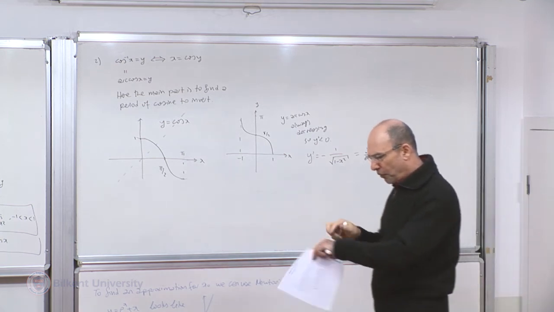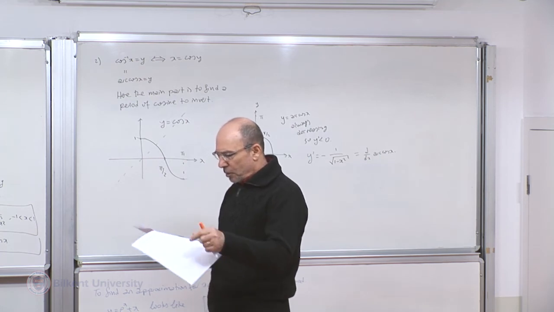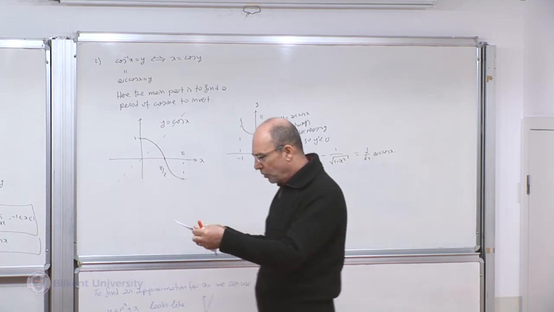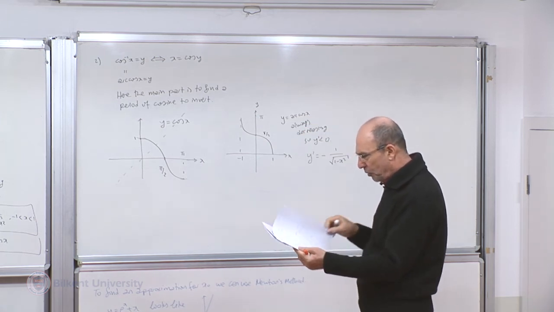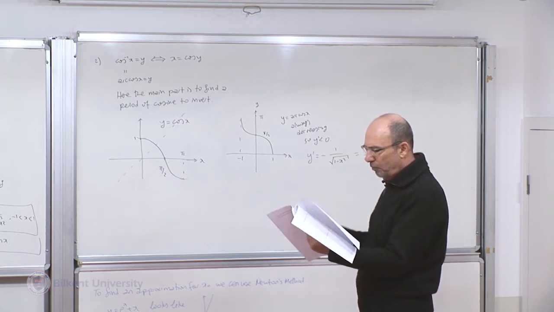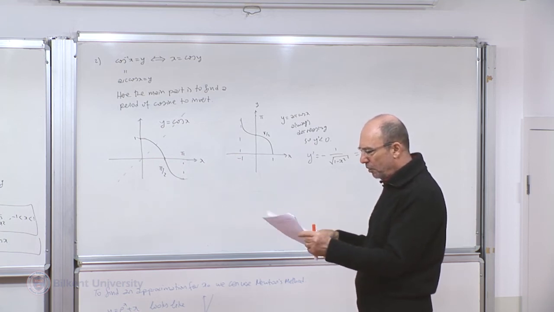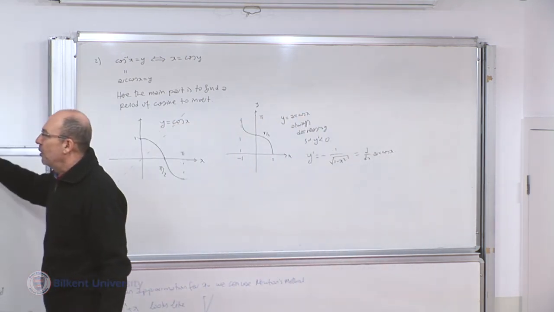So let's see if we can do this for tangent. Tangent also gives us something nice. So let's do this with tangent. Well, with secant sometimes. Let's do this with tangent, see what it amounts to.